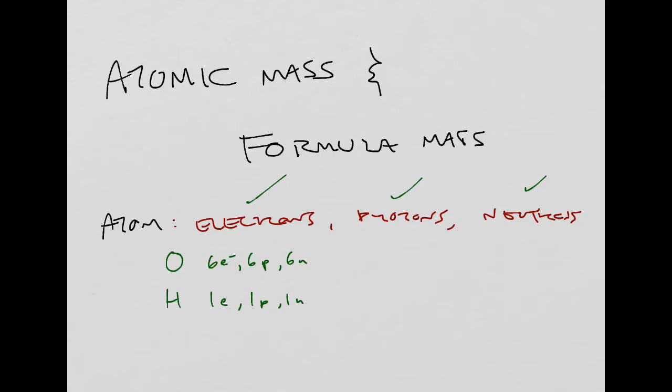Surprise, surprise. Now, let's imagine then that these masses also have a unit. And in fact, the unit is a lowercase u, which stands for the term unified atomic mass unit.